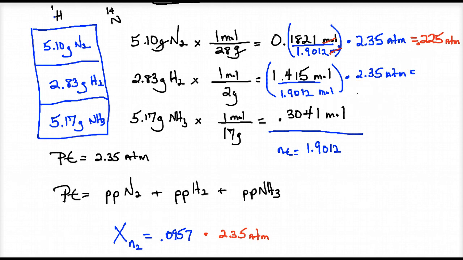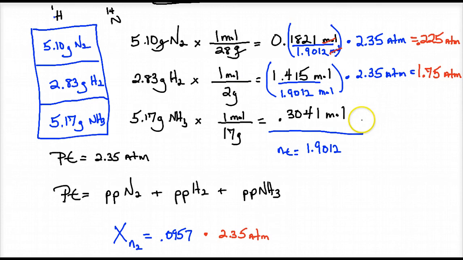That's the mole fraction. Take that fraction, times it by 2.35, and I get, let's do it in red, 1.75 ATM.